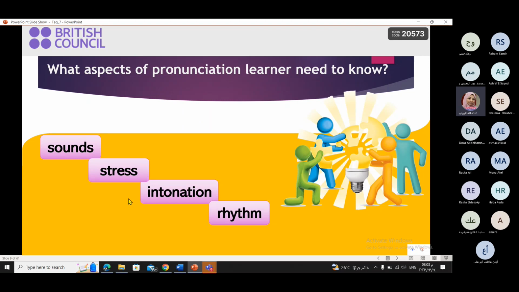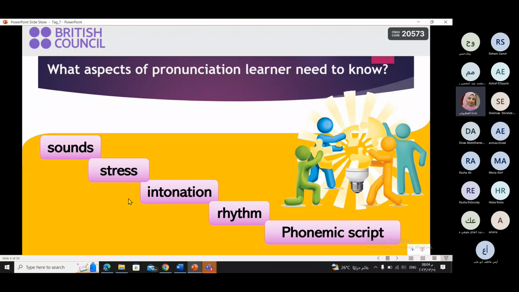Some sentences have strong beats, which we call the stressed words, and weak beats, which we call the unstressed words. The stressed and unstressed words create a kind of rhythm in the English language. So there is another aspect of pronunciation that we must focus on.